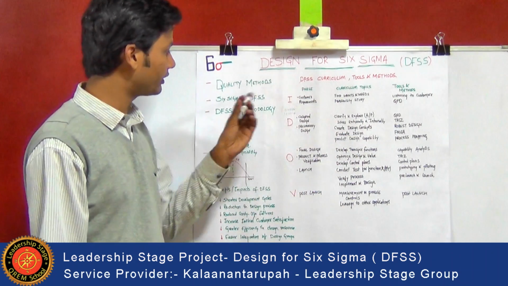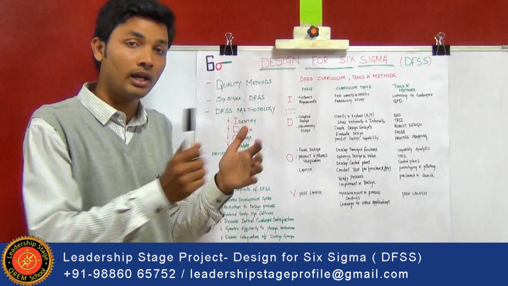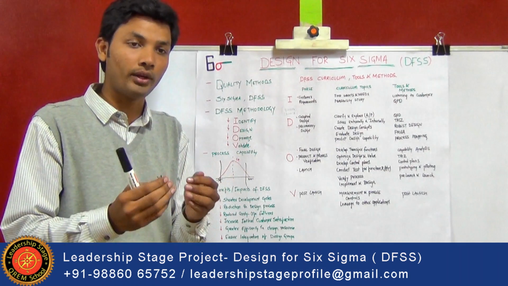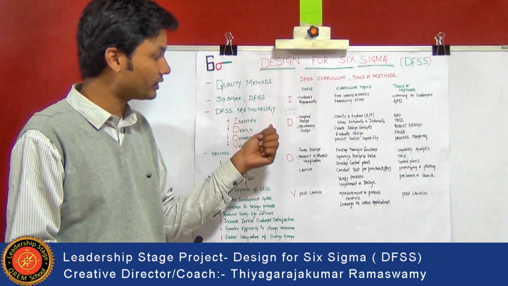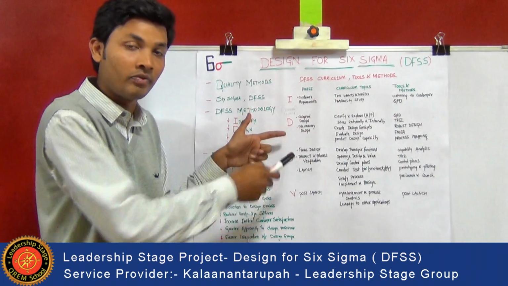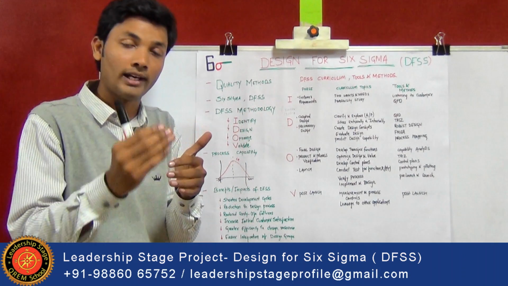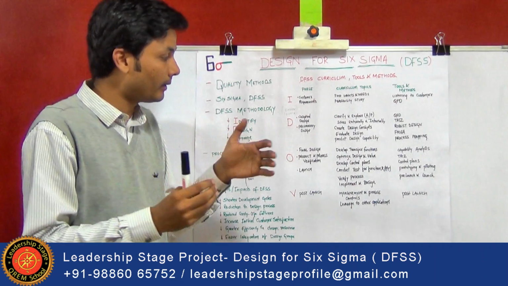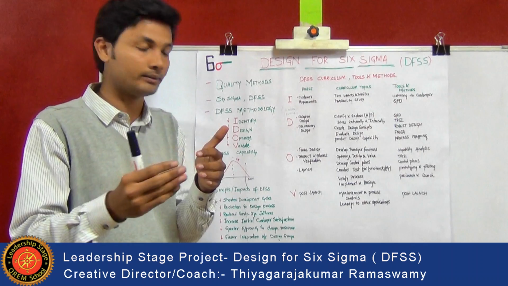So how will it differ from Six Sigma, which I already explained? I just want to repeat it at the end because Six Sigma is a very good process, but the point is it will get constrained by the design limits. Whereas in DFSS, as we are using it at the concept generation and the concept finalizing of the design, we use DFSS to select the design which will give more quality, which will lead to fewer defects parts per million.